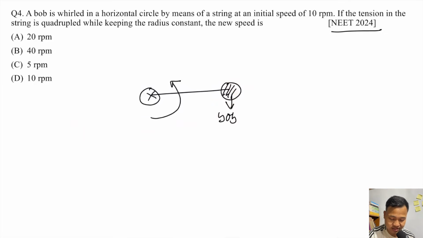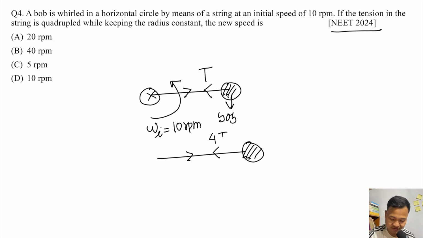The initial angular speed omega initial is 10 rpm, revolutions per minute. If the tension in the string is quadrupled, let's say the tension is T. In the second case you increase the tension by 4 times, quadrupled.